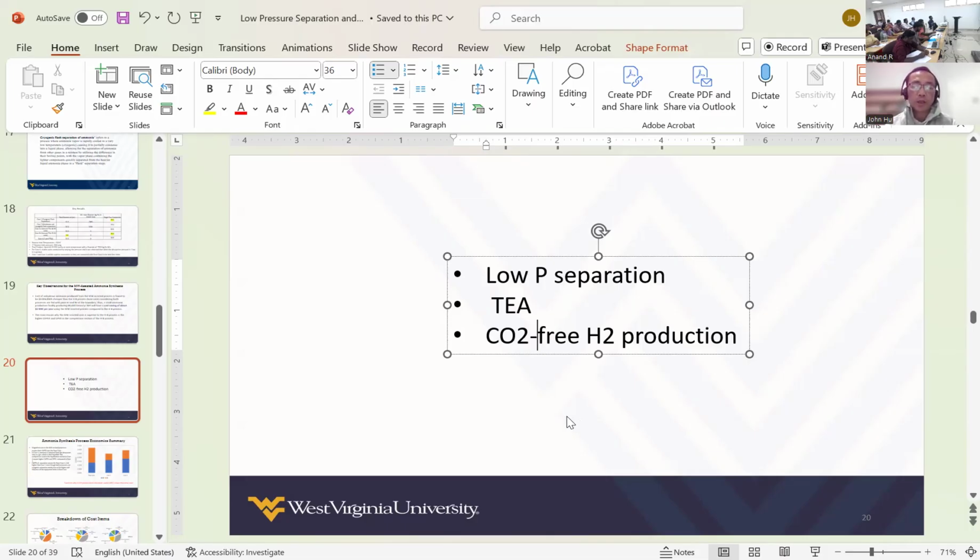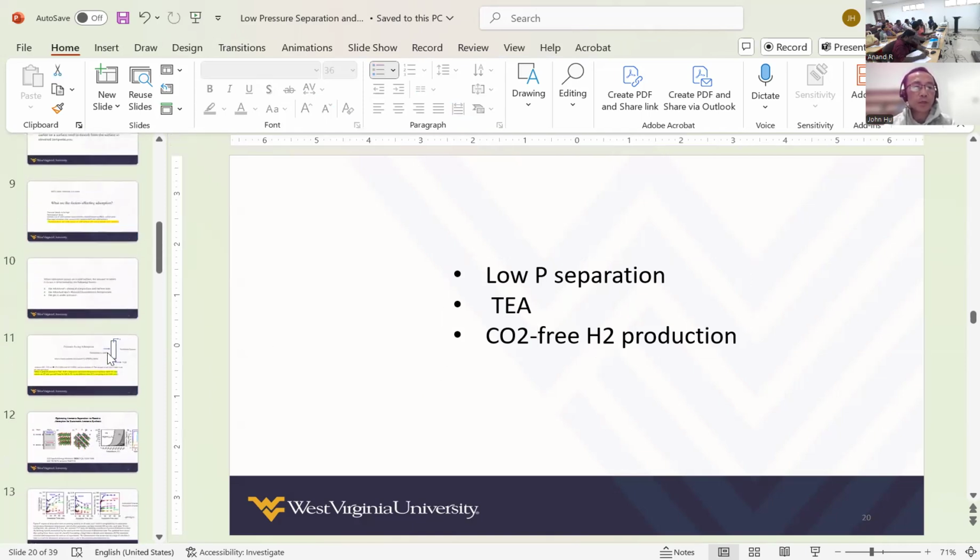We all know ammonia production. It doesn't matter whether it's green ammonia or blue ammonia, it's all about hydrogen, correct? So I want to refresh everyone's memory.